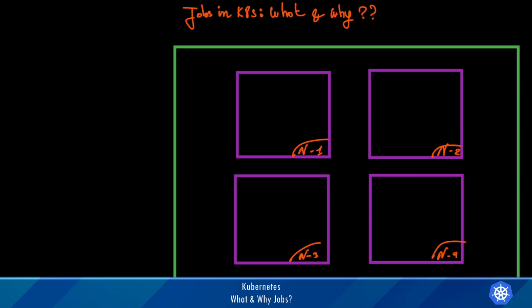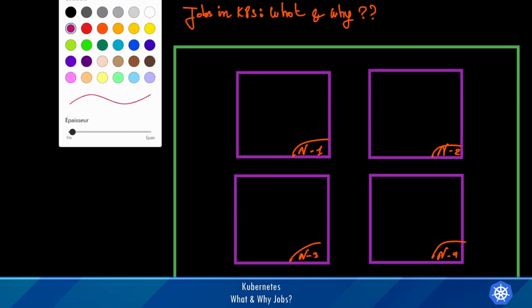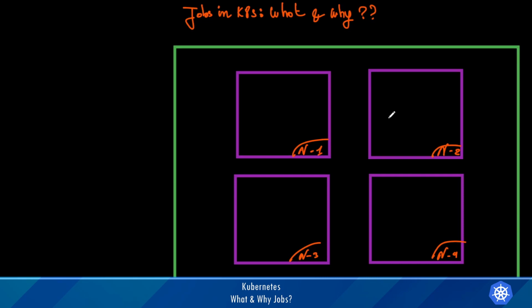Okay. In most cases in Kubernetes, when we deploy applications, we want them to be always up and running. For example, when we deploy a web application, let's say that here we have a React app, which is the front end, and for the back end here we have a Django application with a MySQL database.